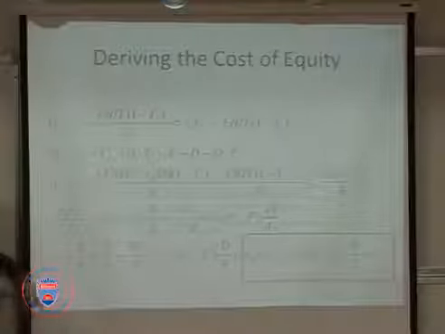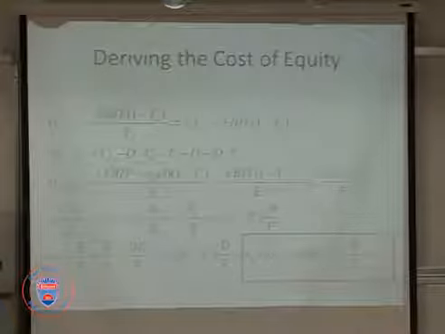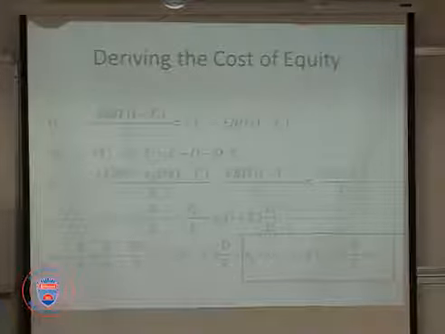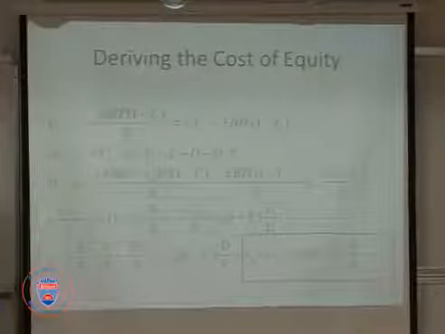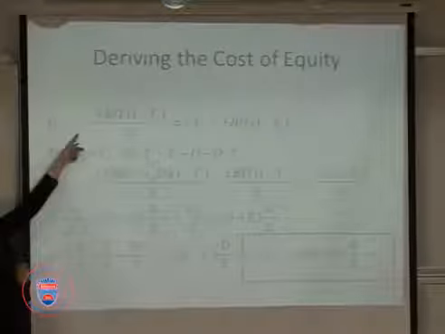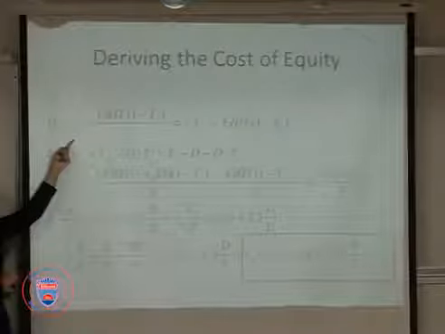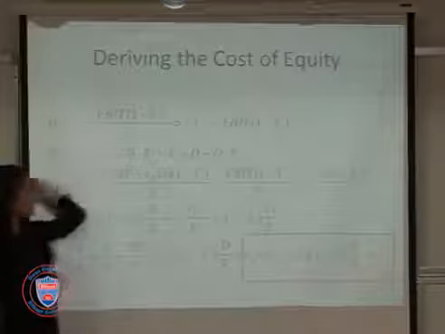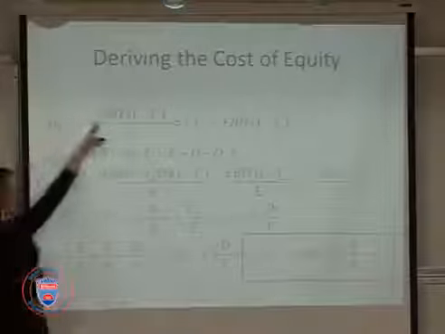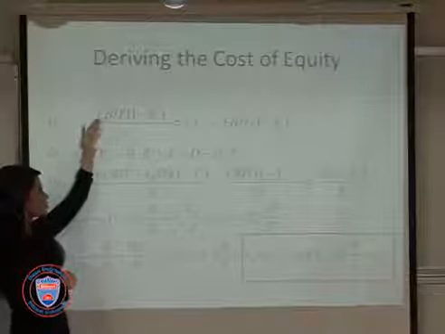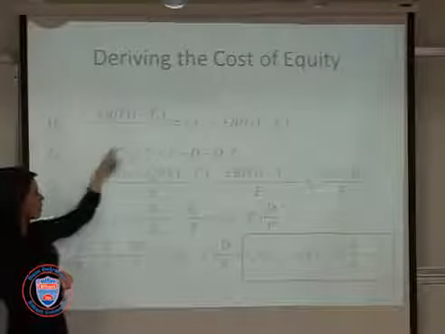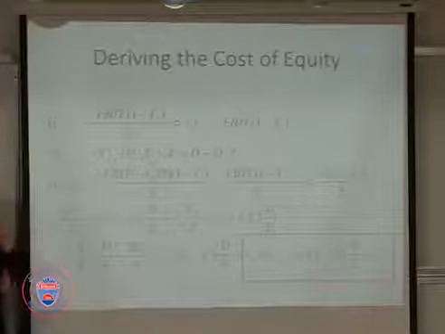I will actually not spend time on this, but let me just point out a couple of things. One, return on assets will be this. This is basically EBIT times 1 minus T, so after-tax EBIT over the value of the unlevered firm.